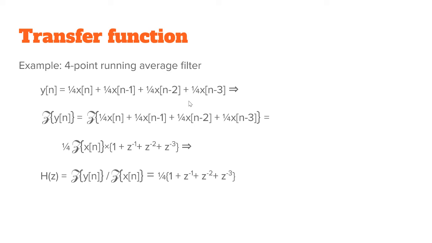It is divided by 1 times z to the power of 0, so this one here is 1 times z to the minus 0, plus 0 times z to the minus 1, plus 0 times z to the minus 2, plus 0 times z to the minus 3.